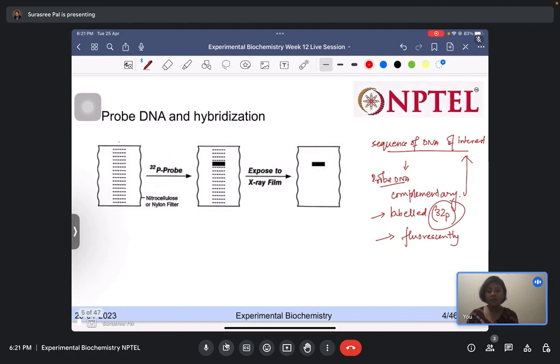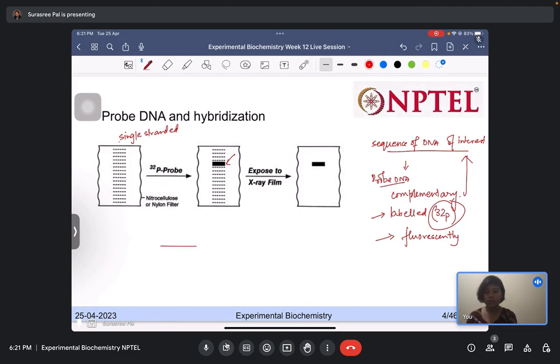Now here, this particular black one is the probe DNA, and after we treat the membrane with this probe DNA, we see that the probe DNA will obviously go and bind to its complementary sequence, right? And which is why I told you that these sequences have to be single stranded.